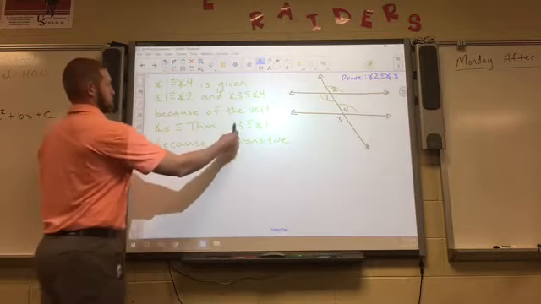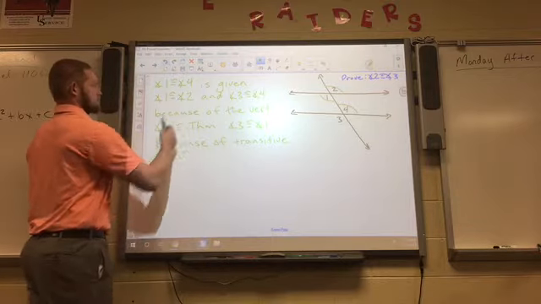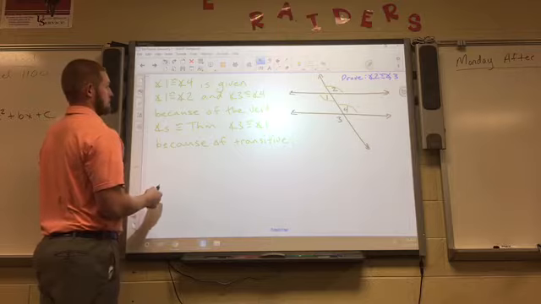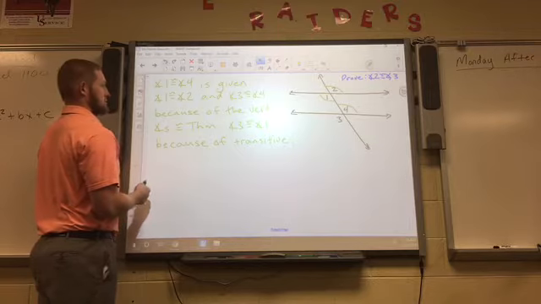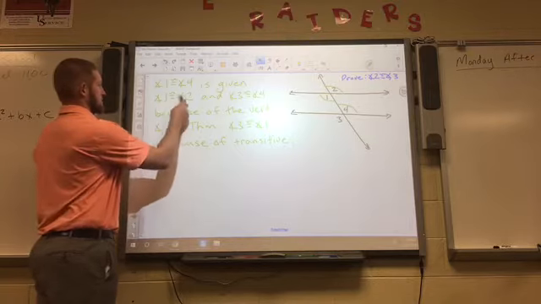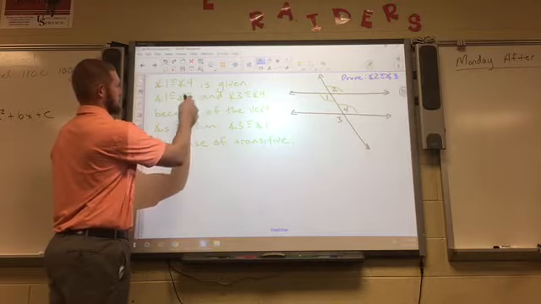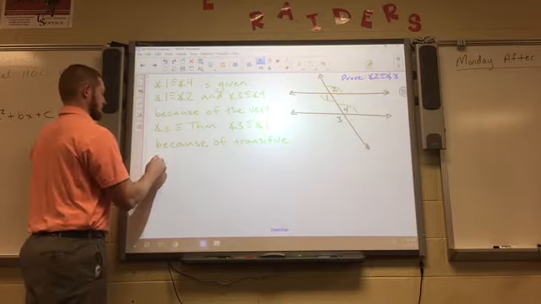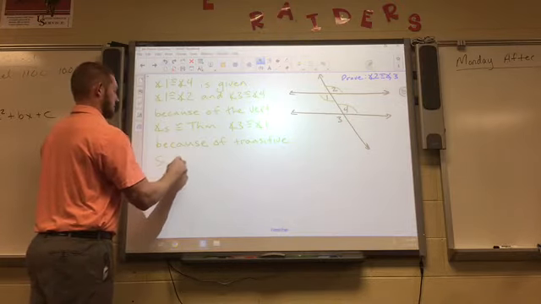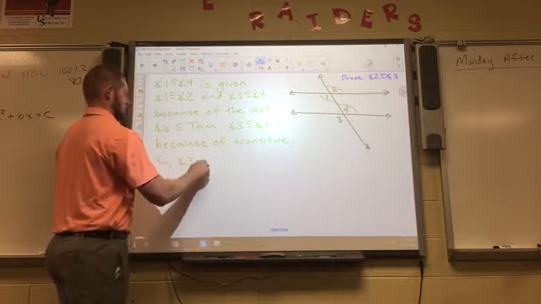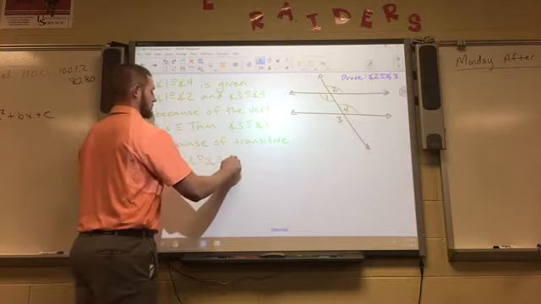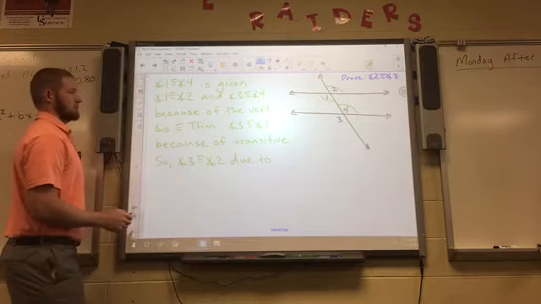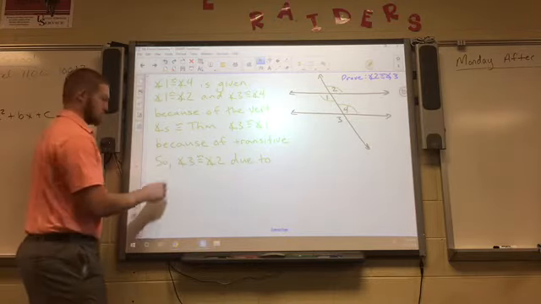Now I have 3 congruent to 1 and 1 congruent to 2. So if the 1's congruent to 2, then I could take the 2 and plug it in here for the 1, right? And I could say, so angle 3 is congruent to angle 2 due to, you called it substitution. That works.